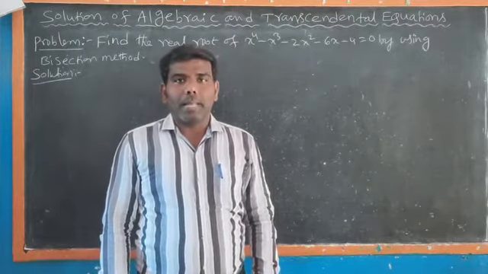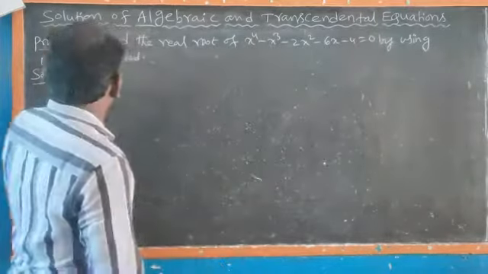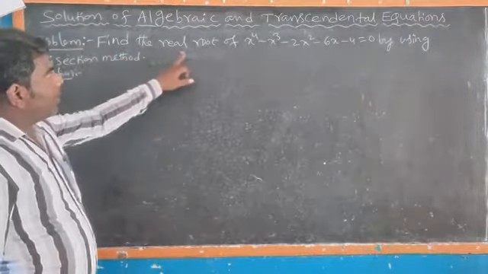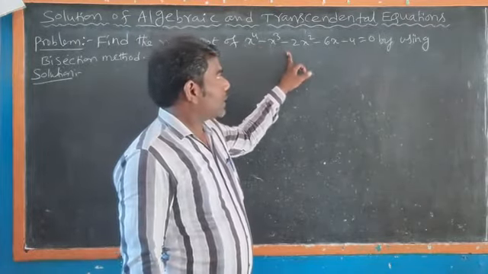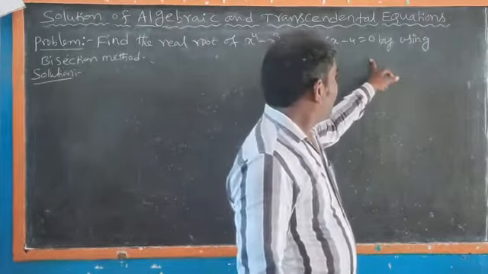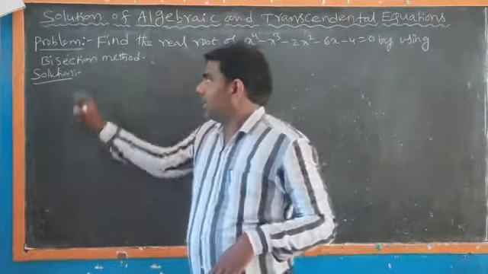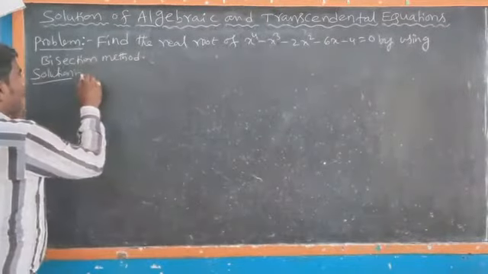Today I will explain bisection method problems. Now the problem is: find the real root of x power of 4 minus x cube minus 2x square minus 6x minus 4 equal to 0 using the bisection method.